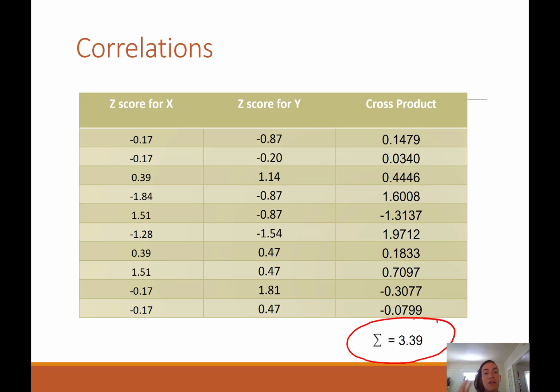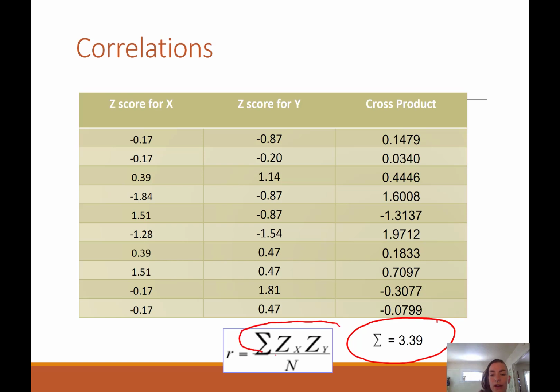Remember, this is the third step in calculating the correlation coefficient. So that's why I calculated the sum of the cross products. So that's the numerator of Pearson's r.